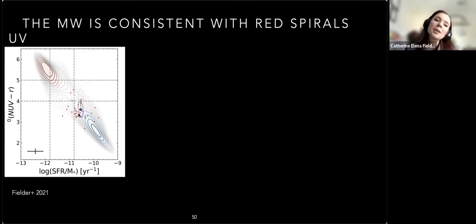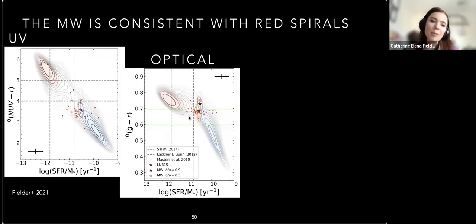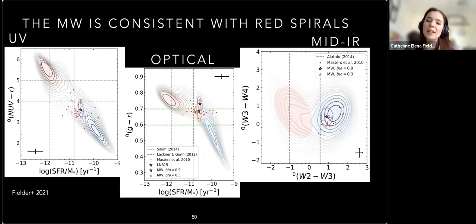You can see that the Milky Way seems to fall acceptably well within this sample. We do the same for the optical, and you see again the Milky Way is in this region. And again, in the infrared, the Milky Way is falling into this regime, which is very cool. So it seems to be the case that the Milky Way is relatively consistent with a population of galaxies called red spirals.